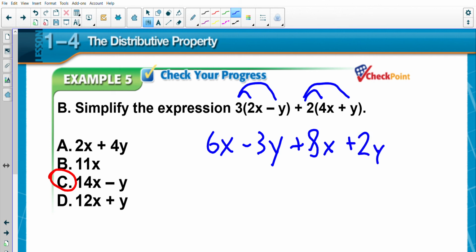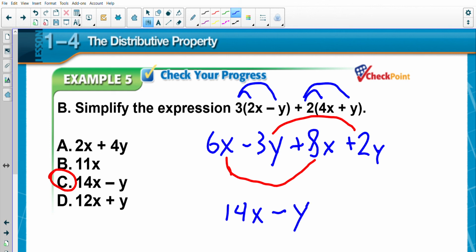All right? Good? And then after that, I combine my like terms. That's going to be the 6x and the 8x, which is 14x, and negative 3y plus 2y. So that's going to give me 14x minus 1y, or just minus y.